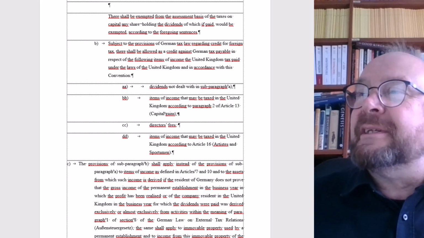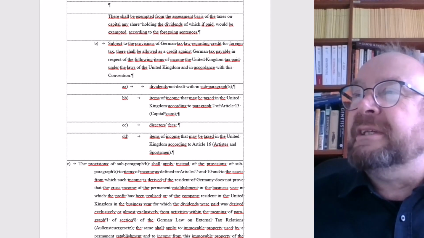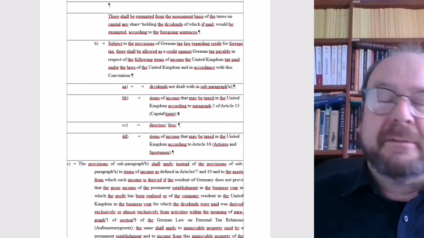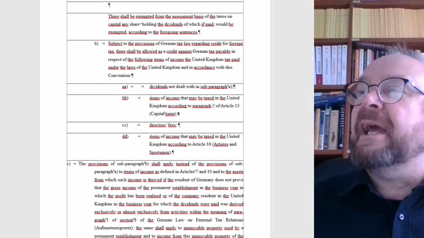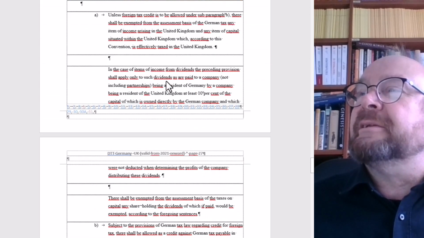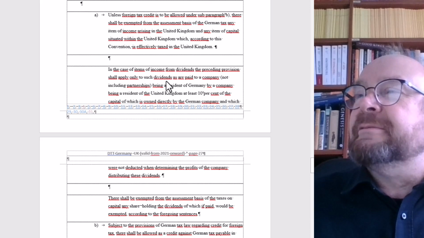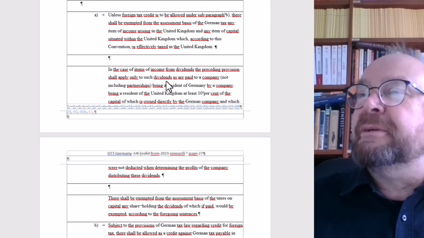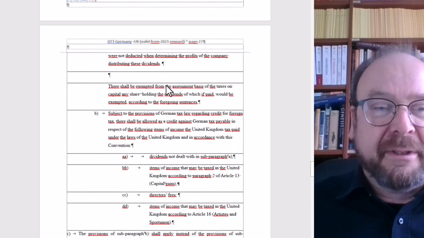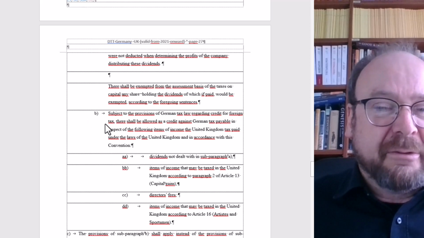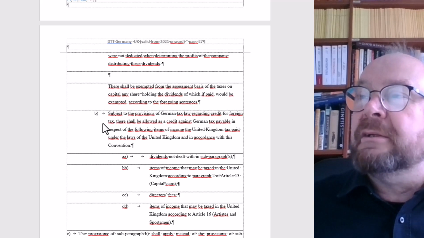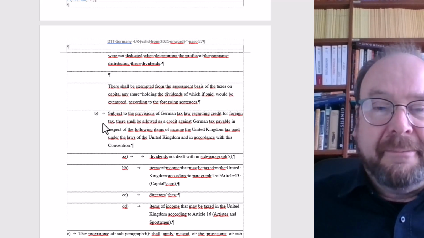There shall be allowed as a credit against German tax payable in respect of the following items, blah, blah, dividends, but dividends not dealt with in subparagraph A. So we have to check which dividends are mentioned in letter A, and that is dividends which are paid to a parent company which holds at least 10%. That is not our case here because we don't have a parent company. So the credit method is applied under 23.1, letter B, subletter AA.